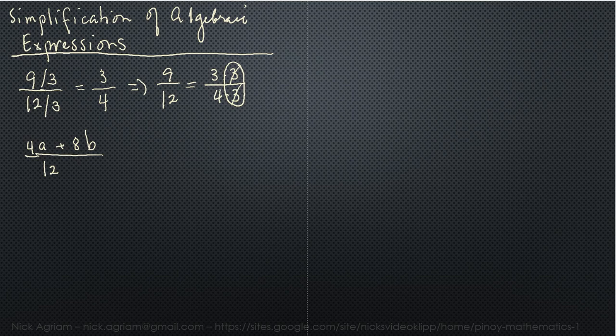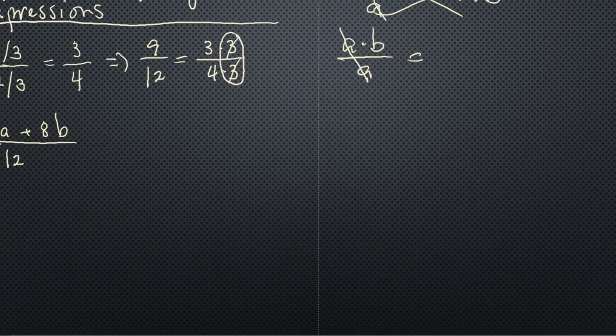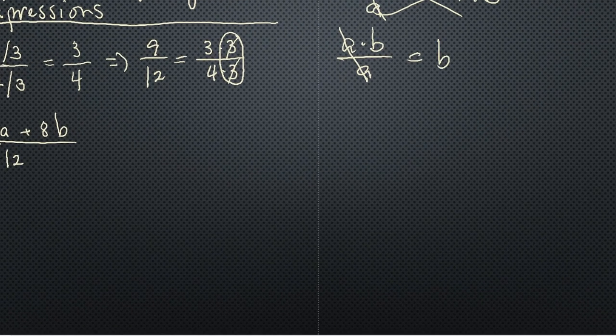For example, a plus b divided by a: you cannot cancel this and get 1 plus b. No, you cannot do that. This is wrong. You can only cancel if you have a times b divided by a. Now you have multiplication, so you can cancel. The answer is b.